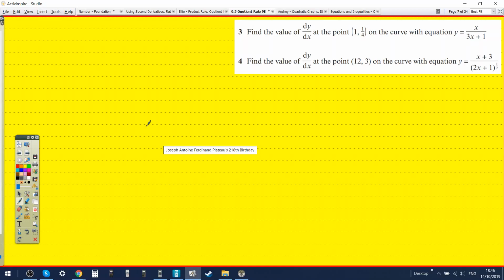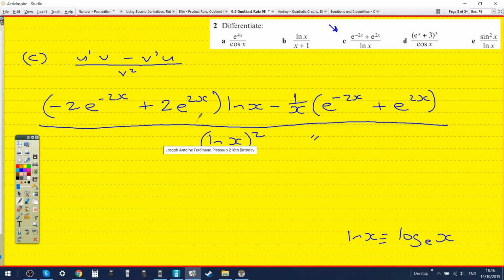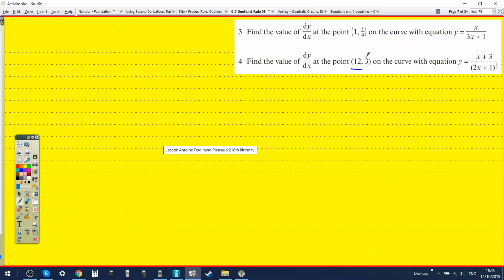I wouldn't. Because you're going to have to sub in a value, I would just use the calculator. The question we just did wasn't numerical, it was algebraic, and it said find dy dx, like find the derivative, whereas this one says find it at one specific point.